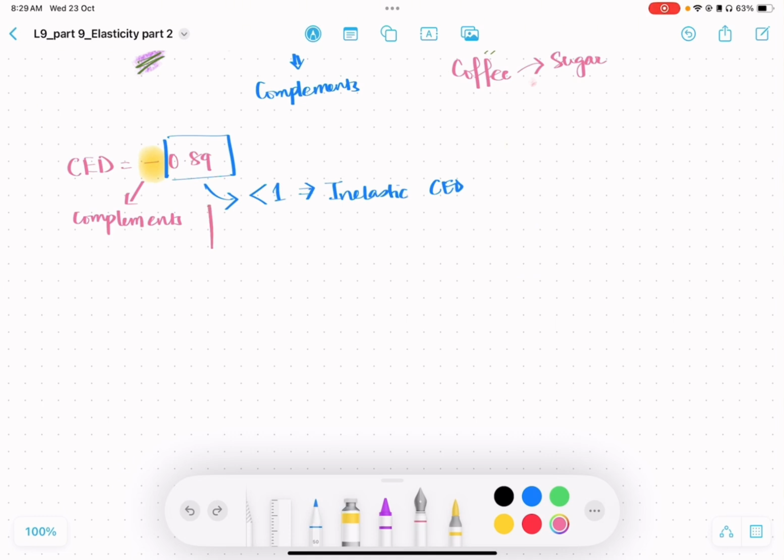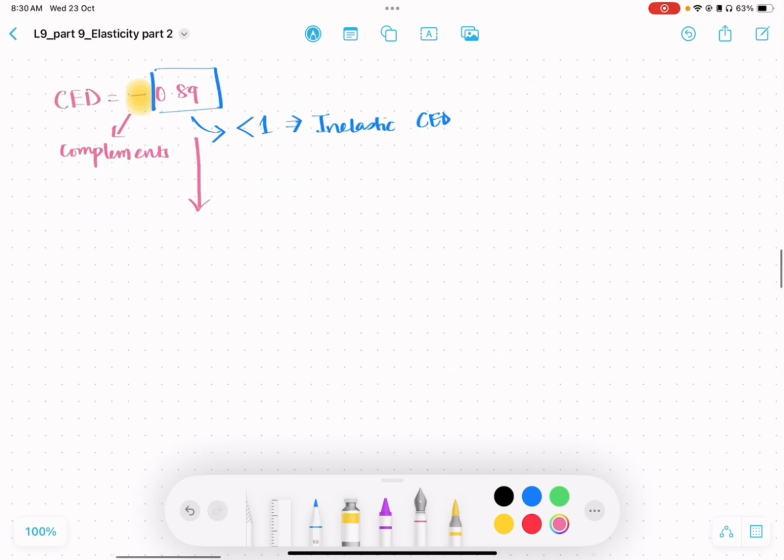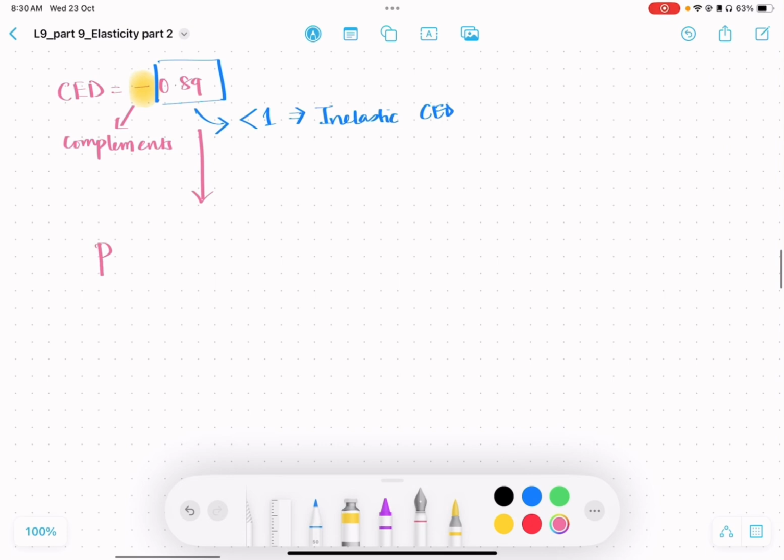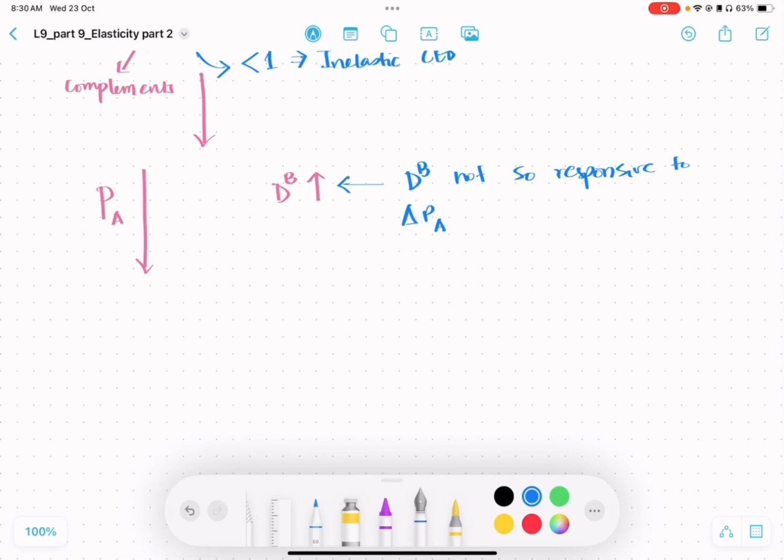So what this number essentially tells us about the magnitude of change is that when the price of good A, let's say, goes down, the demand for good B goes up, but by a smaller amount, right? Which means essentially we are saying that demand for good B is not so responsive to change in price of good A, indicating that they're complements, but they're not so jointly consumed.